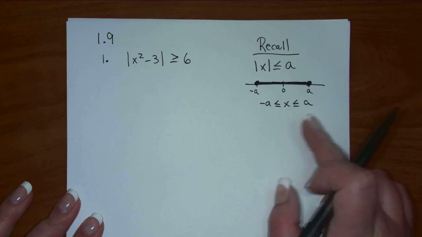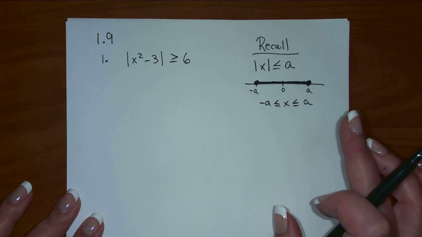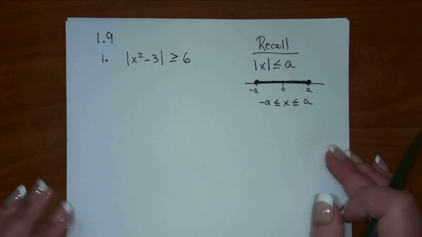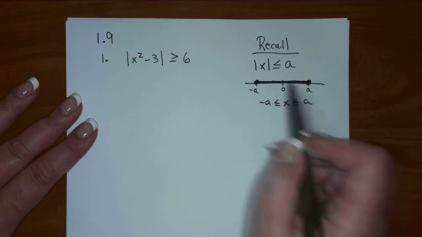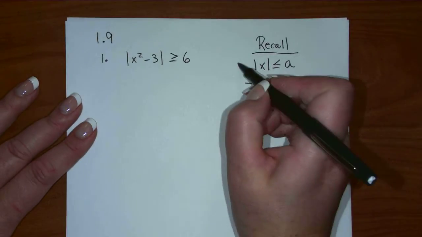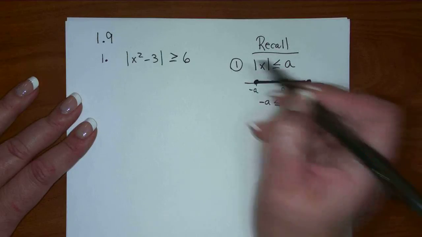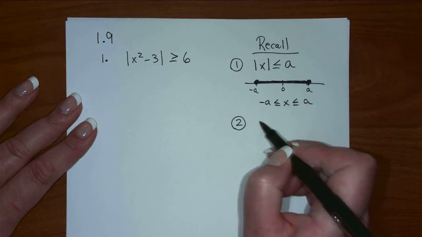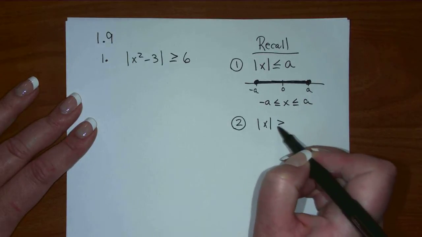Now to solve it, we break it up into two different parts and solve each of them. But usually our answer is in between. So that's type 1. And type 2 is if we had a greater than sign.